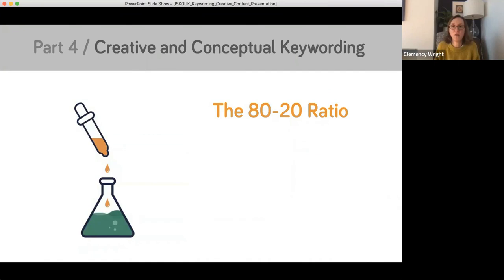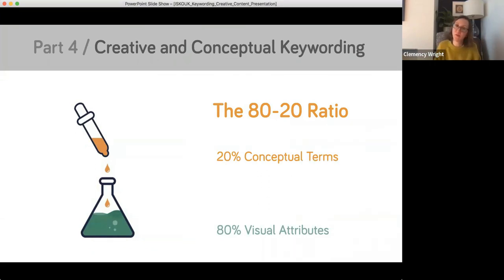And one way that I often teach about this or workshop this is through this idea of this ratio 80-20, and you'll see in my little image here that roughly, and this is no hard and fast rule, 80% of the keywords we add are about the visual attributes, so the things we can literally see in the image that everybody would pretty much agree on, followed by around 20% of conceptual keywords.